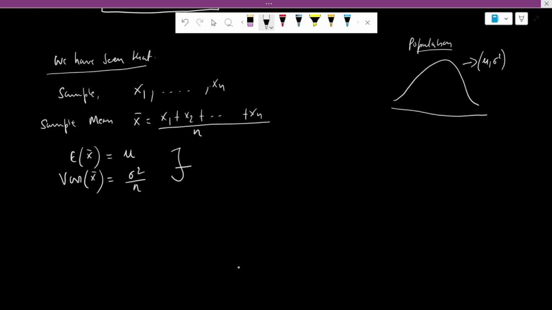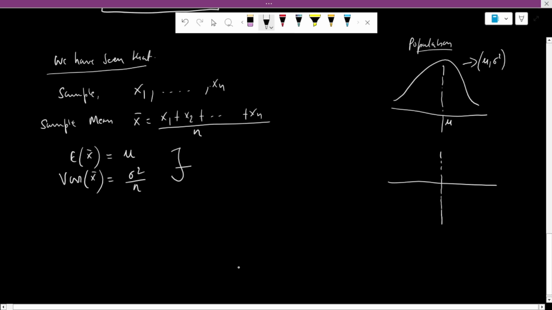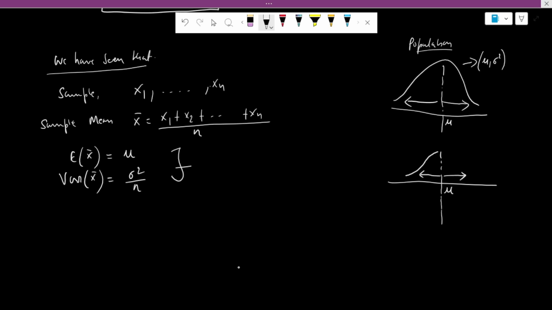So we have seen that the sample mean is also centered. If this is the center of the population with mean mu, then the sample mean is also centered at the population mean mu. If this spread represents the variance, then for the sample mean, the spread is somewhat less than the population. For the time being, let us assume that the sample mean has the same kind of distribution as that of the population.